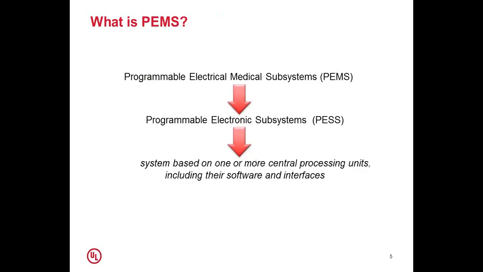The other concept which I would like to bring in is the PEMS, which is defined as Programmable Electrical Medical Subsystems. Programmable electrical medical subsystems are formed by integrating programmable electronic subsystems. And a programmable electronic subsystem is a system based on one or more central processing units, including their software and interfaces. So what is this?